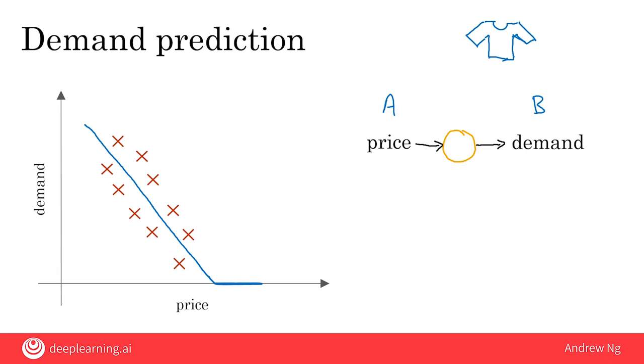In the terminology of AI, this little round thing here is called a neuron, or sometimes an artificial neuron, and all it does is compute this blue curve that I've drawn here on the left. This is maybe the simplest possible neural network with a single artificial neuron that just inputs the price and outputs the estimated demand.